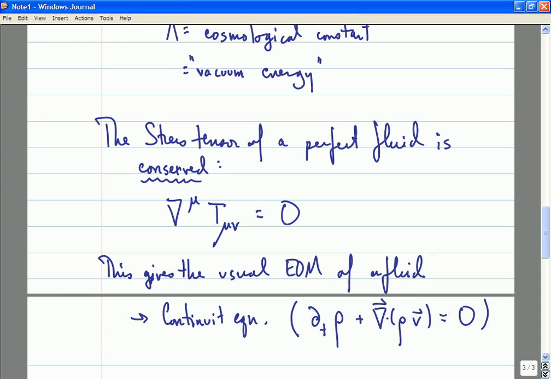And I'm sure you've encountered the continuity equation before in your lives. It just says that if you have some matter distribution with some energy density rho, that is moving with some velocity v, then the change in the energy density with respect to time can be computed by looking at the total outflow of energy density from a given point at that time.